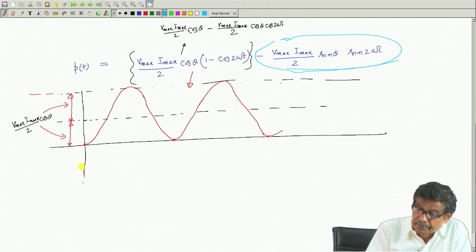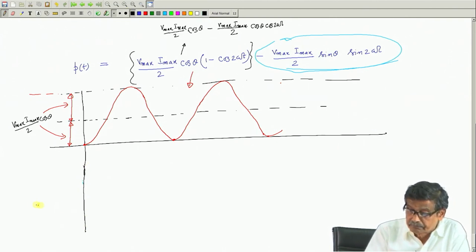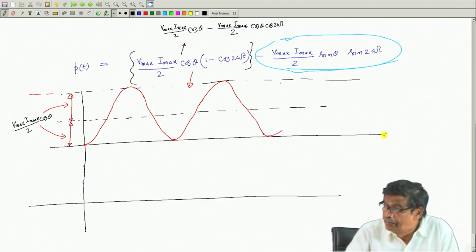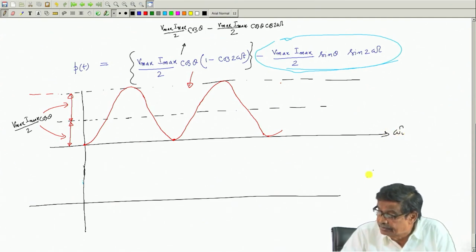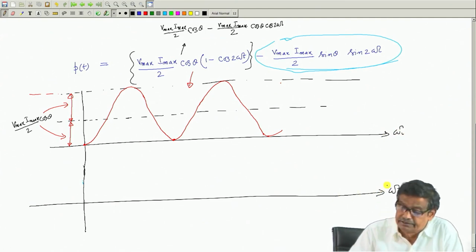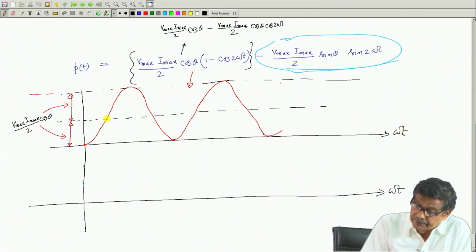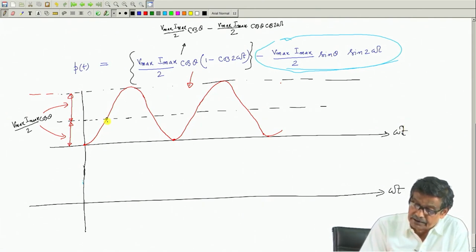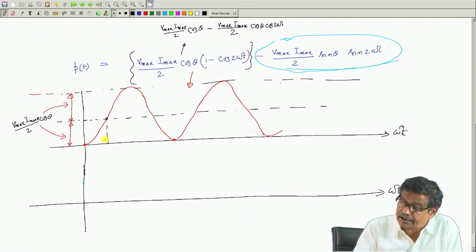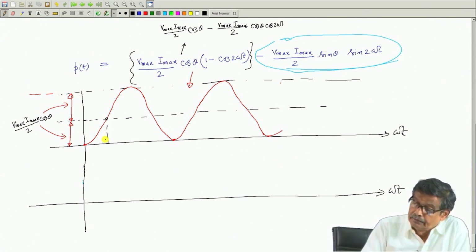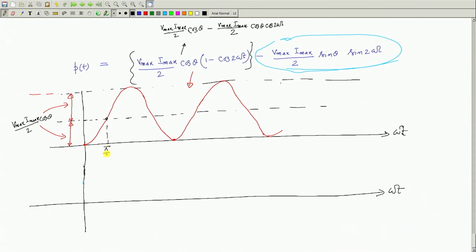Okay. So, once again I sketch it here. Mind you, I am sketching against omega t. Whenever you are sketching, show the axis very clearly. So, this is omega t. You can identify the value of this omega t. How much is the value of this omega t? Here it has to be pi by 4.